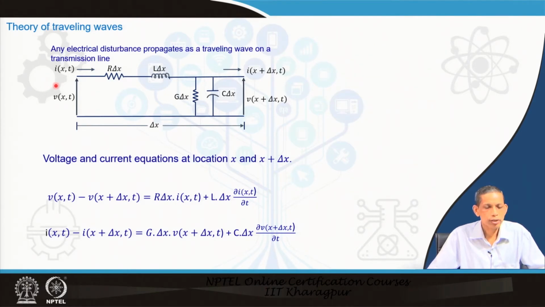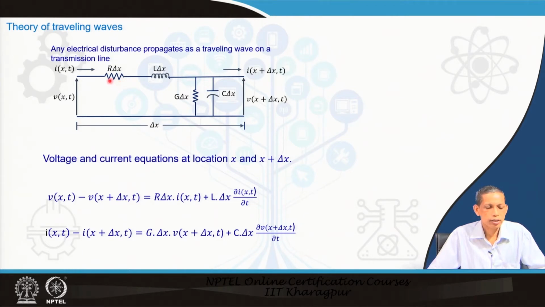Now, let us consider a distributed model of the transmission system, where we have a small elementary length delta x. This is the distributed model of the transmission system which we know from the transmission line.